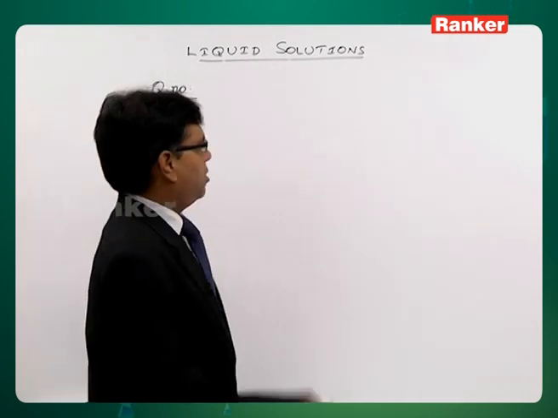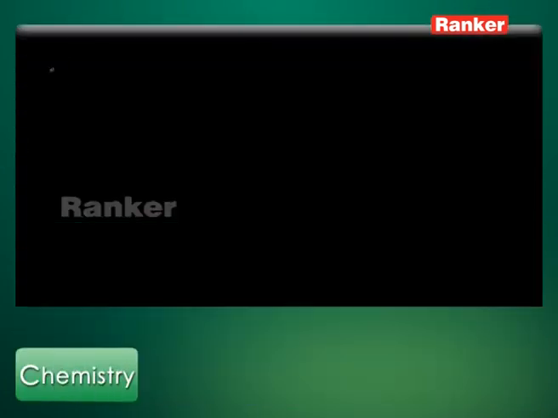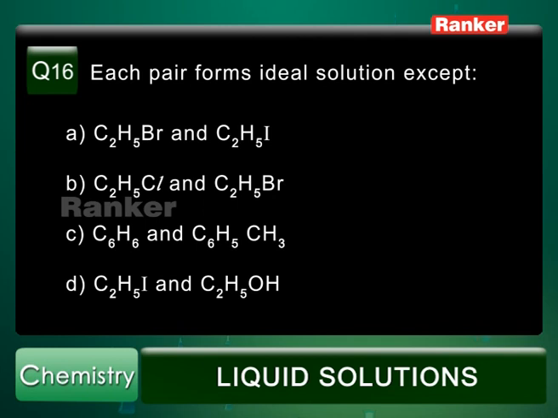Now, let us go to question number 16. Which of the following pairs forms a non-ideal solution? In fact, the question is like we have to read it as 4 different pairs of liquids have been given.